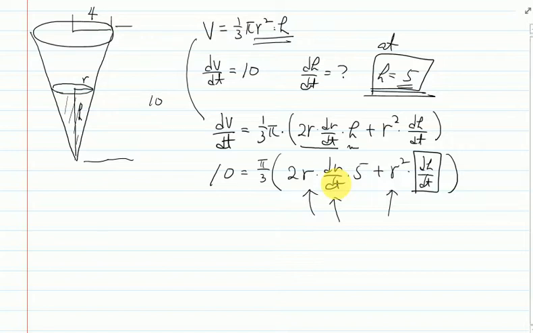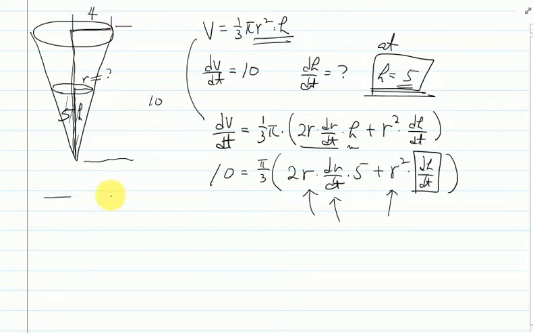Then look at the situation when h is 5. We can calculate the radius at that time, because the ratio between the height and the radius in this tank is 10 to 4.